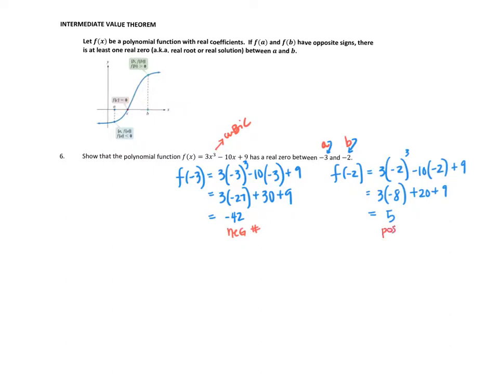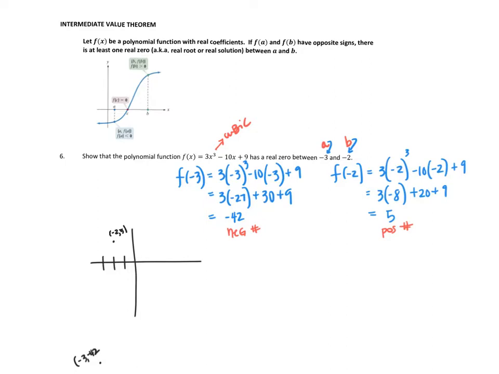So when that happens, and you could think about why this is true, think about if you were graphing. So if you were graphing -3, -42, it's going to be way down here, right? And then -2, 5, say it's right here.